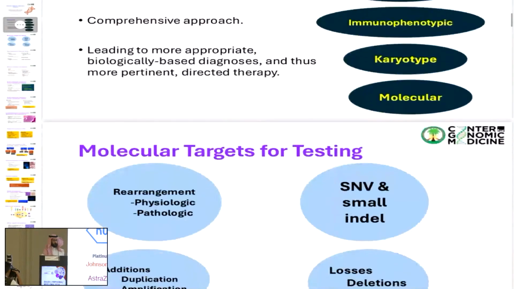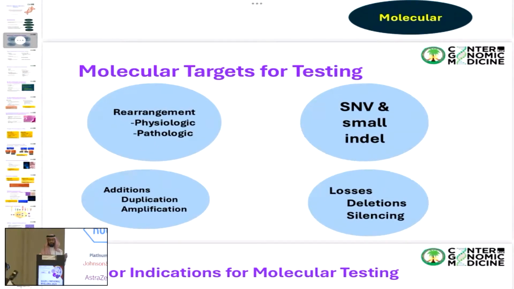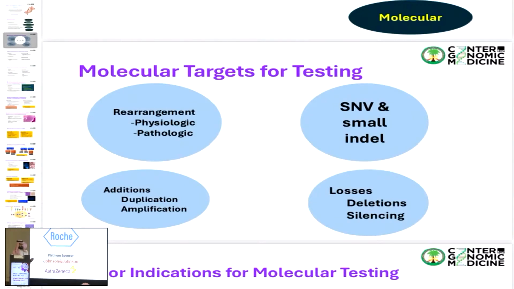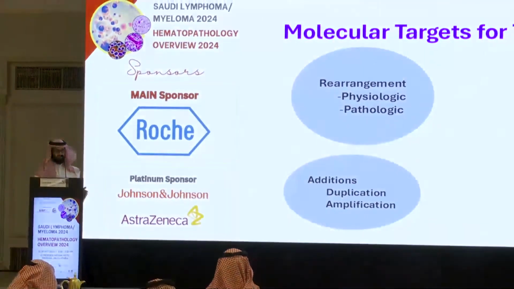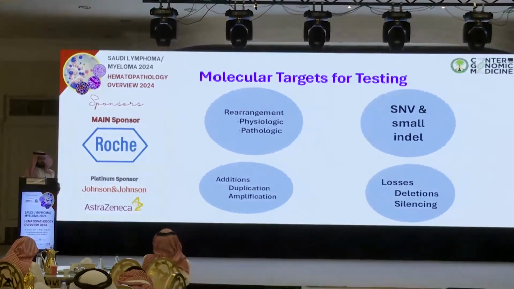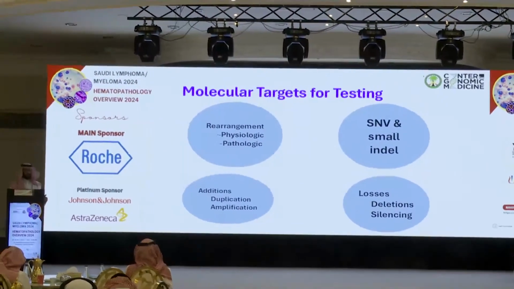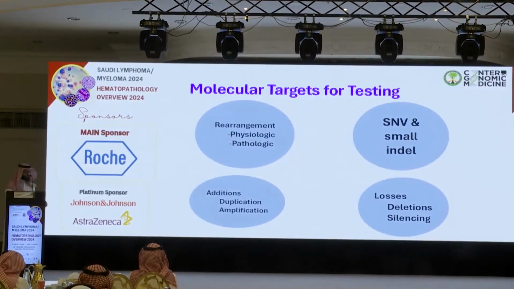Now, when we do molecular testing, there are many targets for us. When we say molecular, we mean DNA or RNA. This is what we are looking for. Sometimes we look at rearrangements, like physiologic rearrangement, similar to somatic hypermutation, for example, when we do IGHV hypermutation. We see this as physiologic change to increase the diversity of lymphocytes, and it can be pathogenic, like with MYC rearrangements and others.